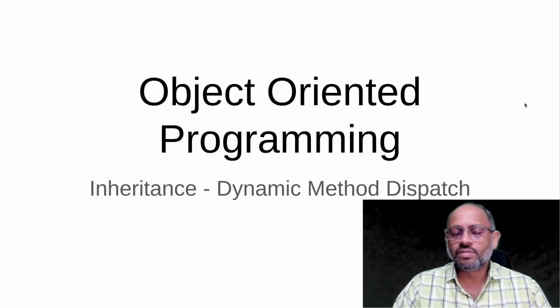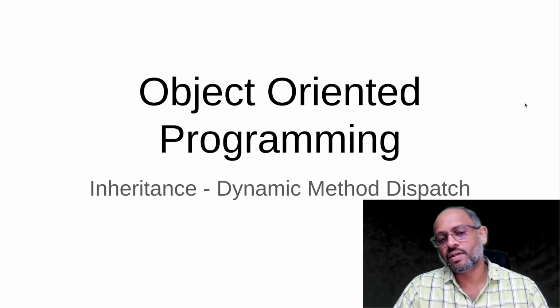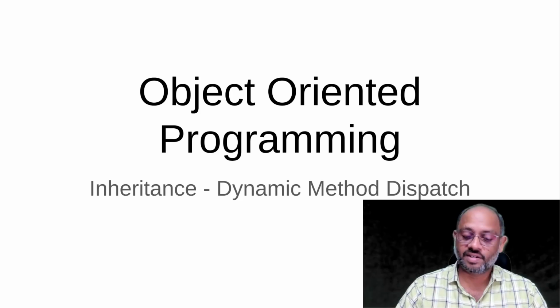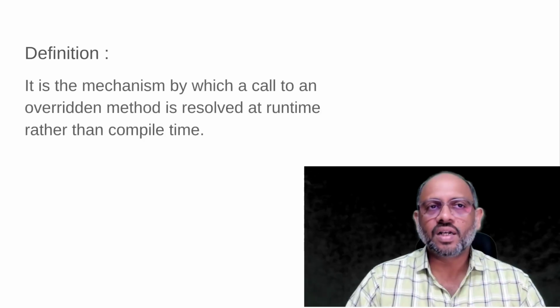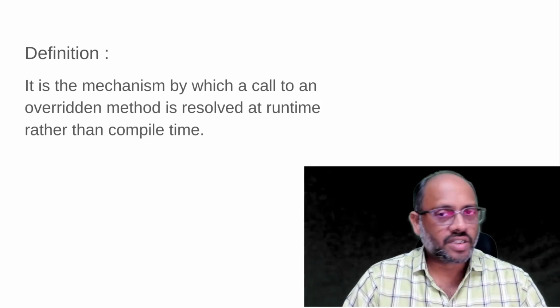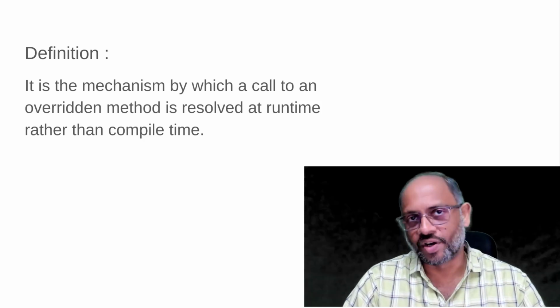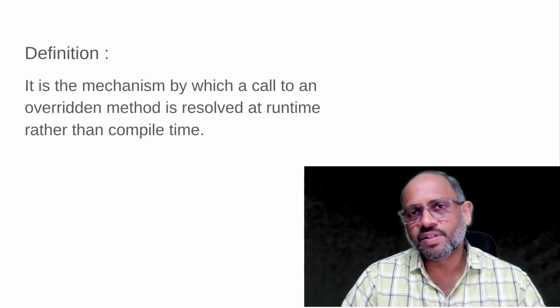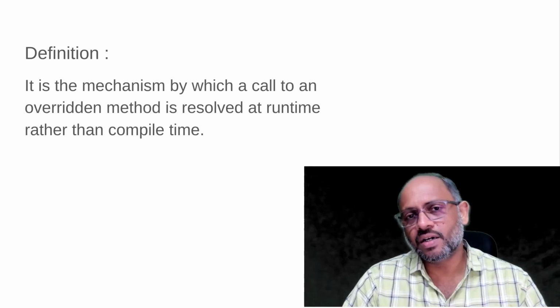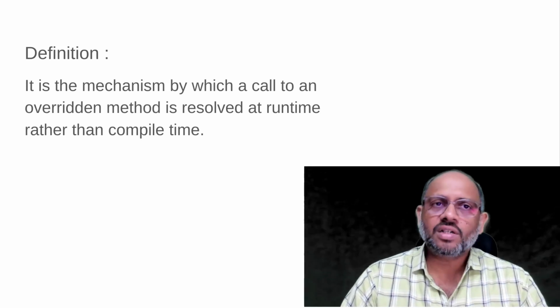Now we are going to discuss another very important object-oriented programming principle related to inheritance, that is dynamic method dispatch. In the earlier session we observed another principle related to inheritance, that is method overriding. In that session, we observed the basic mechanism of overriding, but it is not complete.